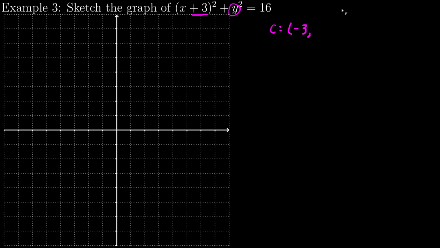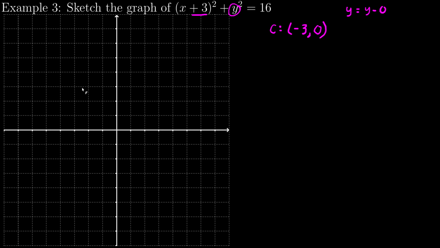But recall or note that y is the same thing as y minus 0. So if I ever just see a variable by itself squared, and it's all been taken care of, it's in this standard form, I know that the center's coordinate there will be 0. So this center is at (-3, 0).